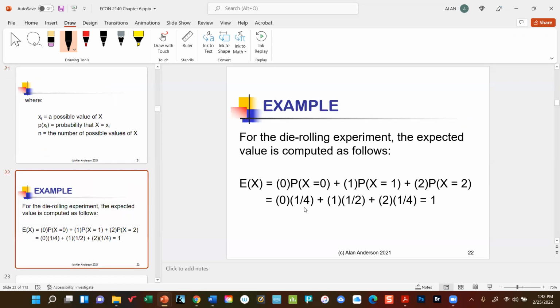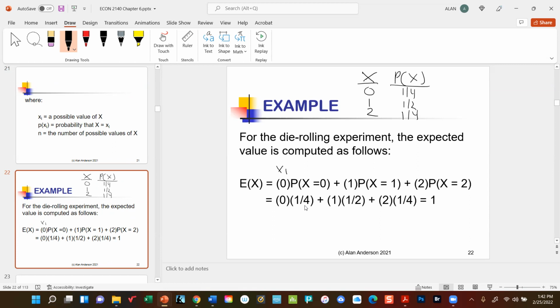So let's do an example using that last case we just had. Here's x. Let's think of this as the first x.